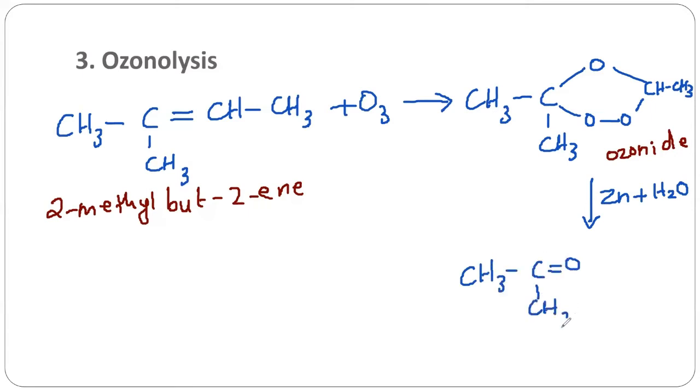So now you have a ketone. And on the other side, you have CH3, CH double bond O. So this has given you a ketone. This is propanone, and this is ethanal. So if the alkene is substituted, then we will get a ketone through ozonolysis.